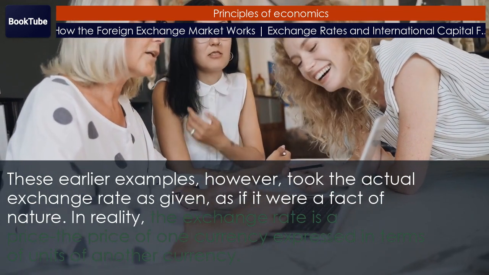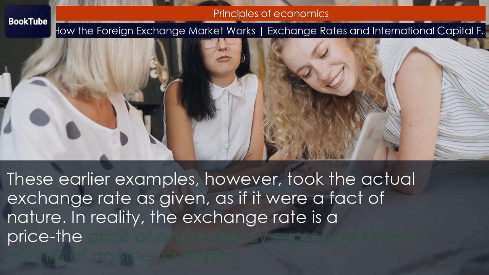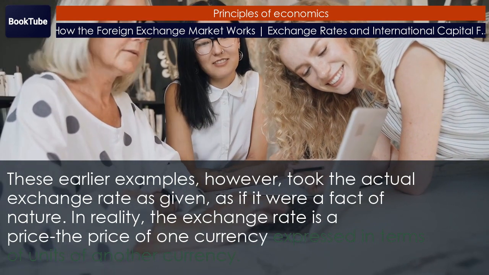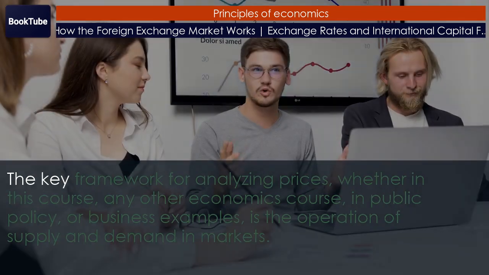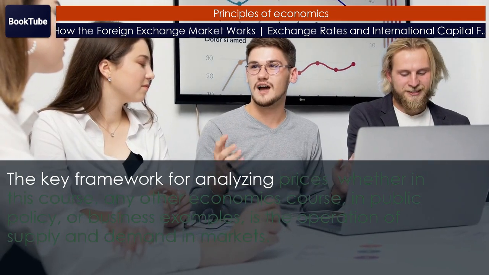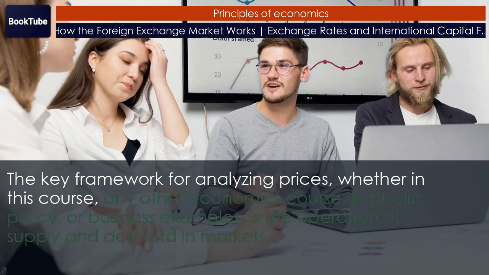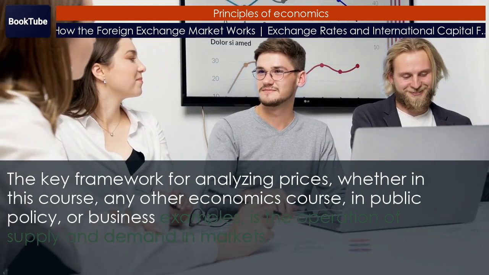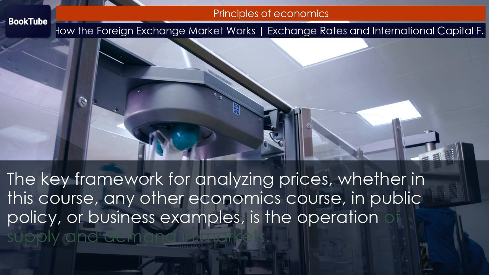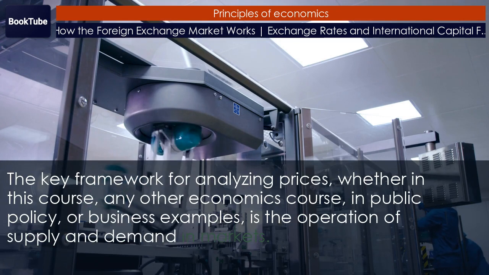In reality, the exchange rate is the price of one currency expressed in terms of units of another currency. The key framework for analyzing prices, whether in this course, any other economics course, in public policy, or business examples, is the operation of supply and demand in markets.